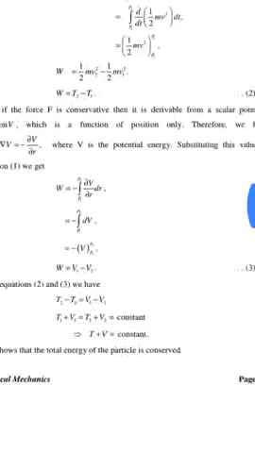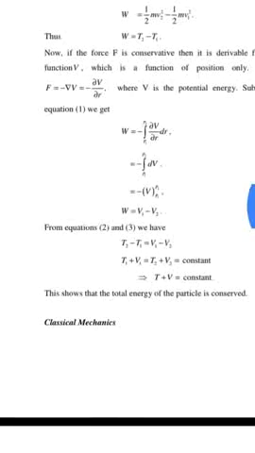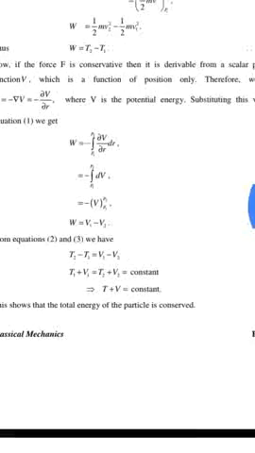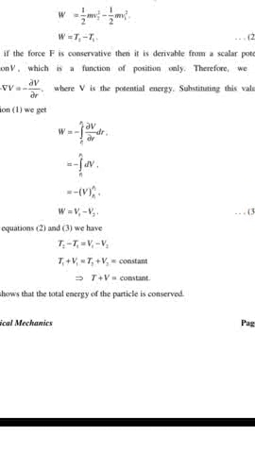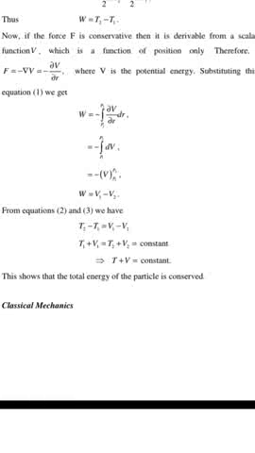Now if F is conservative, then it is derivable from a scalar potential V, which is a function of position only. Therefore W = −∫ from r1 to r2 of ∂V/∂r dr = −∫ from r1 to r2 of dV = −[V] from r1 to r2 = V1 − V2. So T2 − T1 = V1 − V2, and T1 + V1 = T2 + V2 = constant.